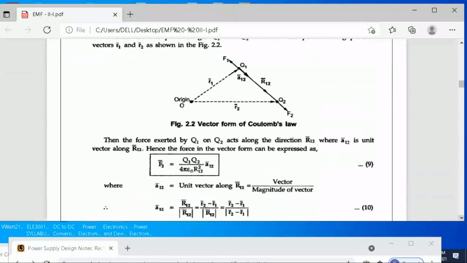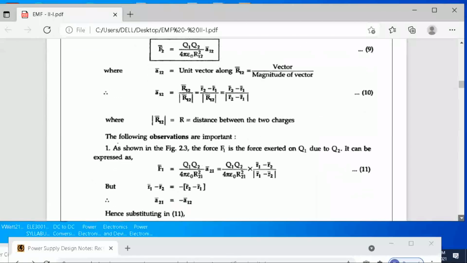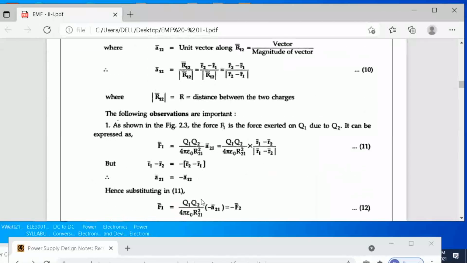So R12 is minus R21. So A12 is minus A21, is minus A12.